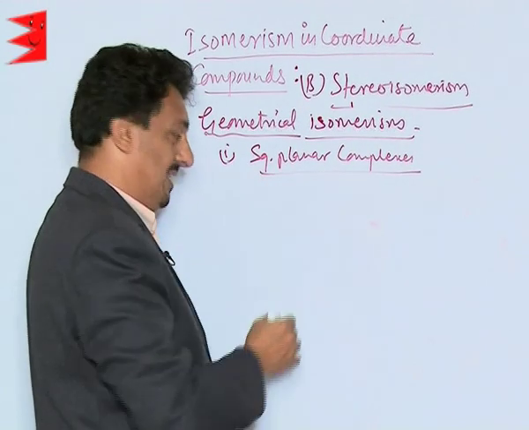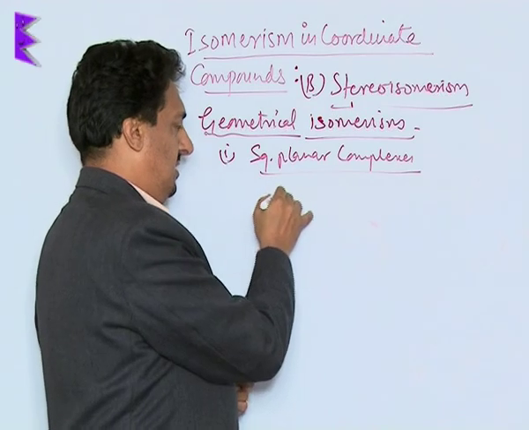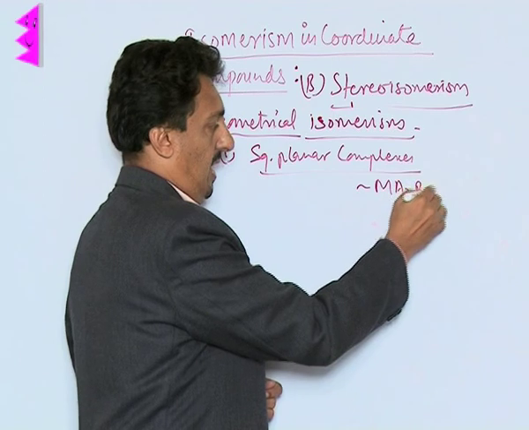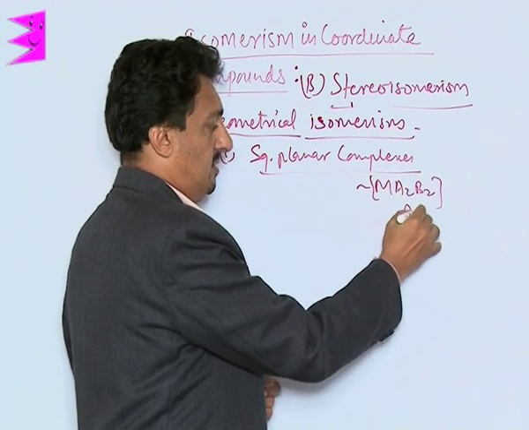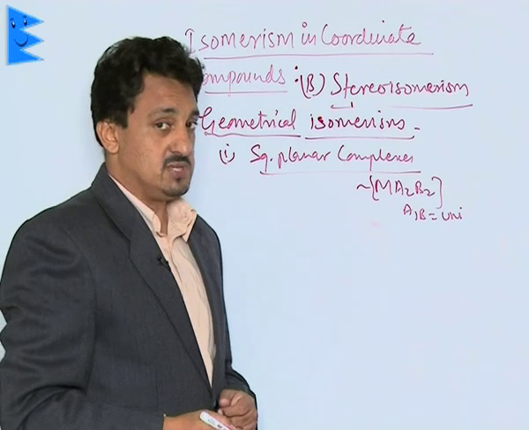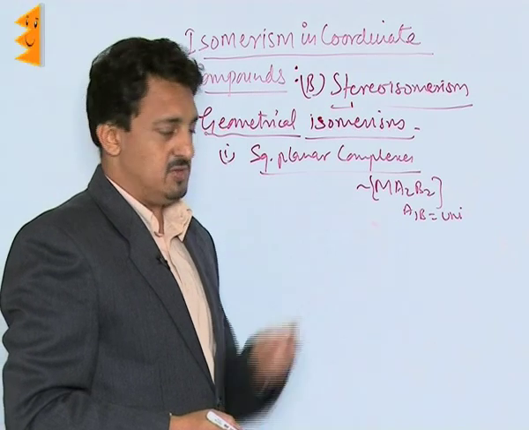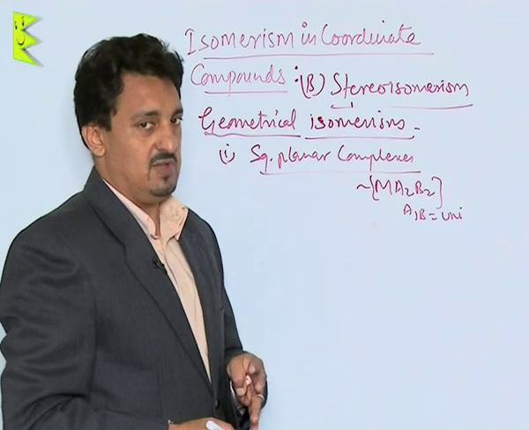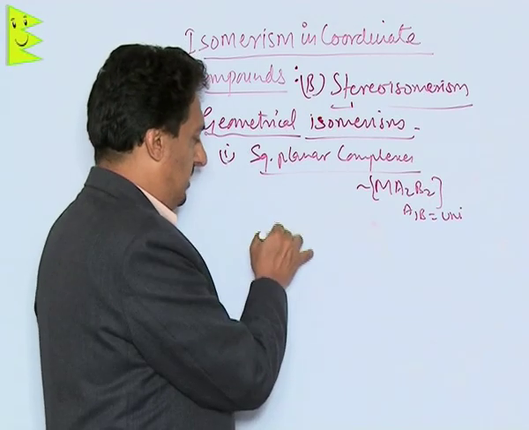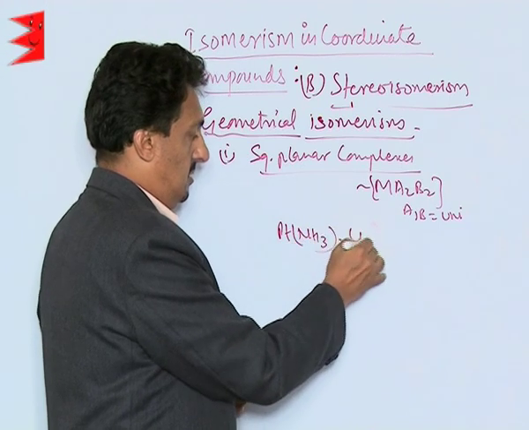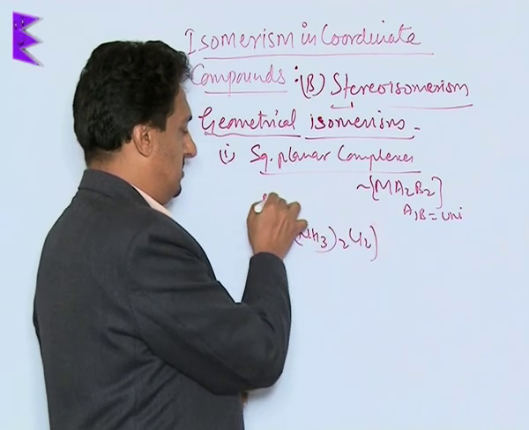In square planar complexes, the complexes with formula MA2B2, where A and B are both unidentate ligands, show cis-trans isomerism. That means out of the four, two ligands have to be of one type and the other two ligands have to be of the other type. So what we can put is like this. This is the best example to show this.